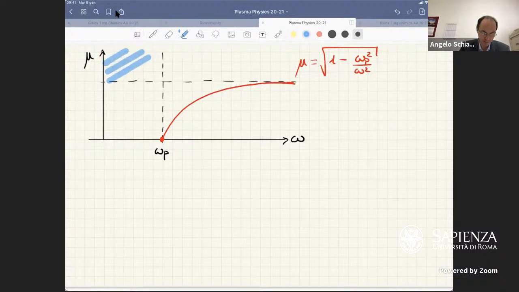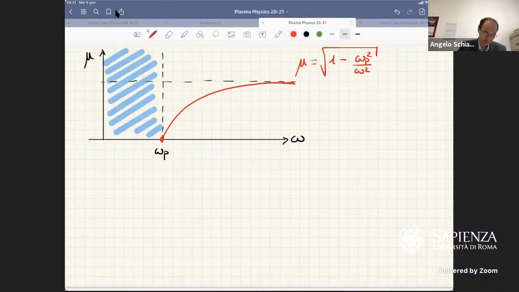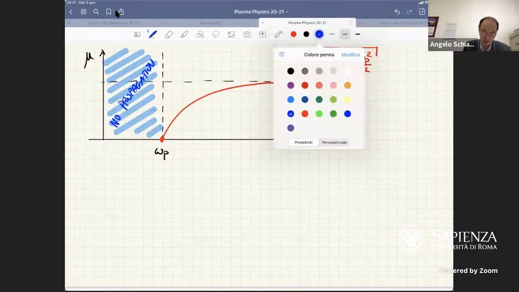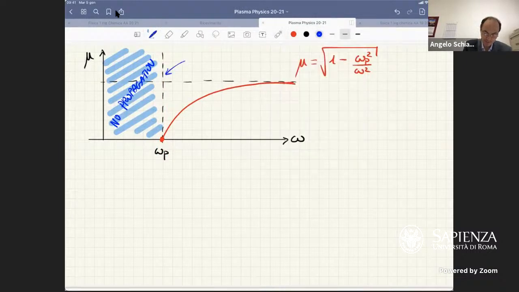This region below the plasma frequency is where the wave cannot propagate, so there is no propagation. We say that the plasma frequency is a cutoff frequency, and below the cutoff there is no propagation anymore.